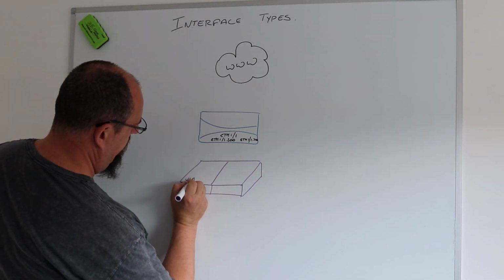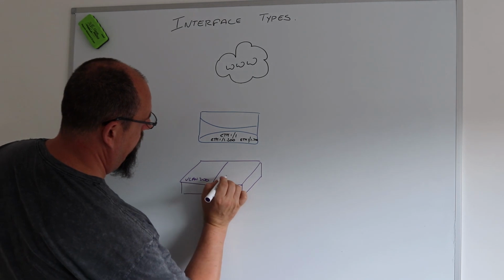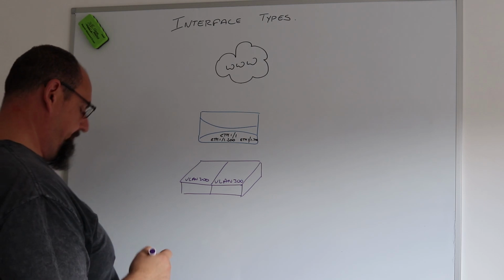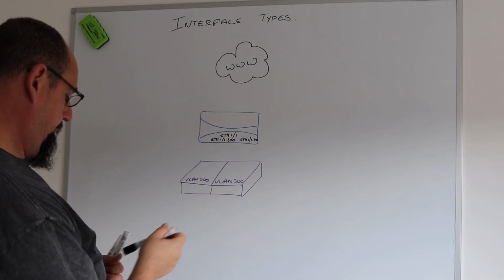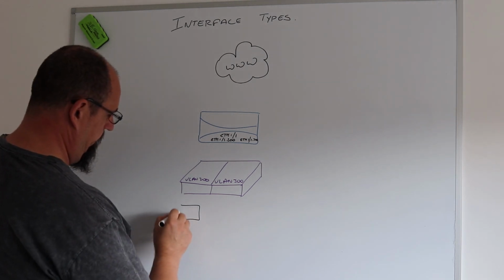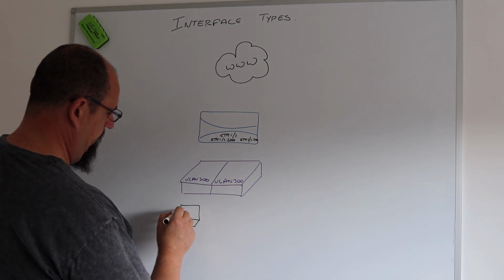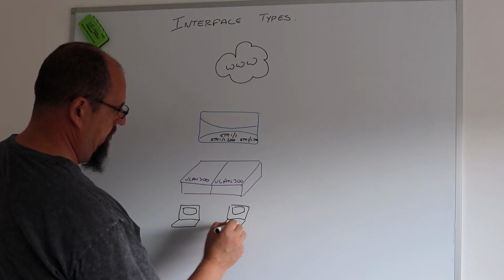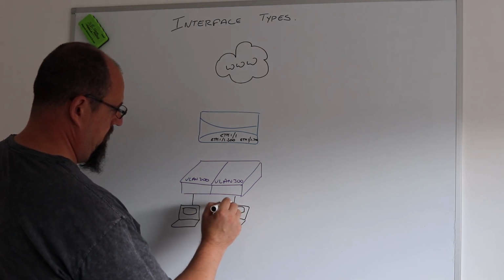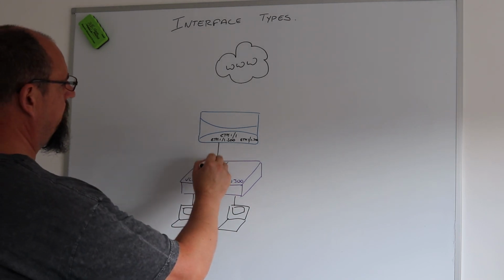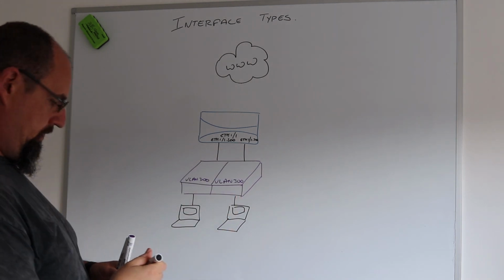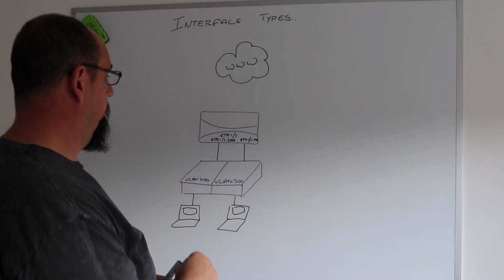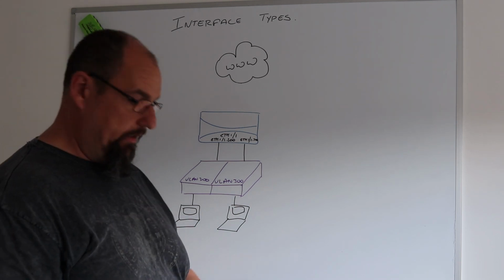Have VLAN 200 and then VLAN 300, hosts there. And now you can switch the traffic between the two on the firewall based on this layer 2 connectivity.